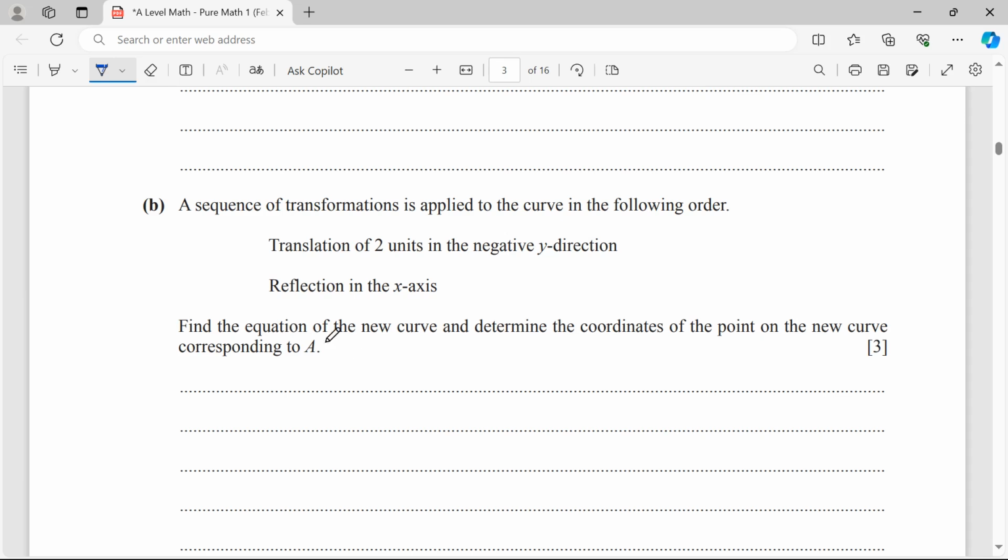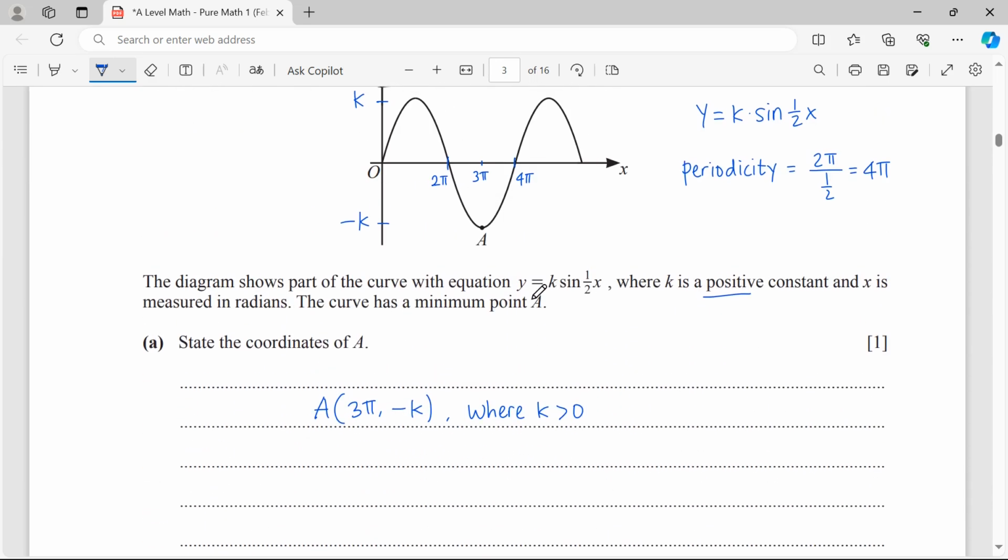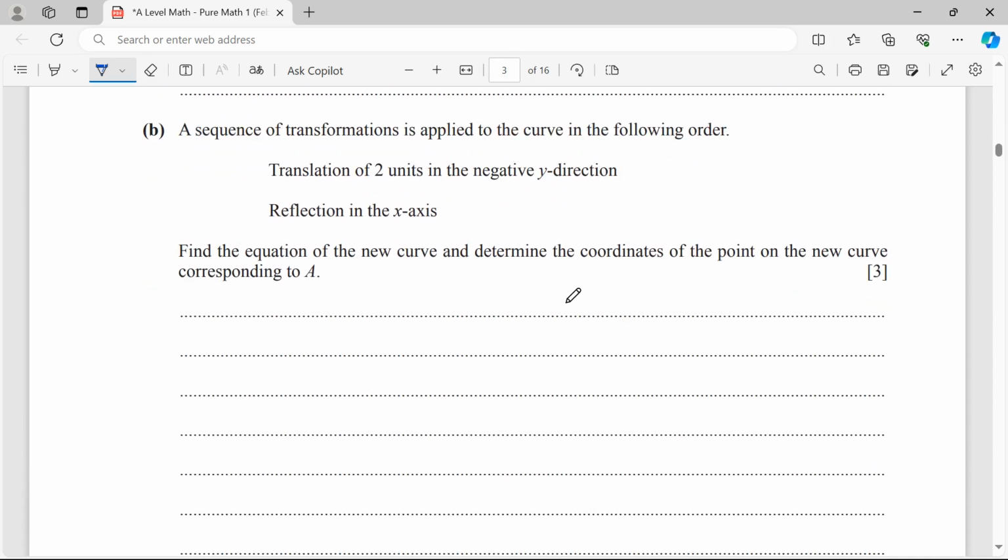So we have two questions here. The first one is the equation of the new curve, and the second one is the new coordinates of point A after the transformations. First of all, let's see the transformations. The first one, we have translation of two units in the negative y direction. So our original equation is the following. Let me write down here: y equals k times sine 1 over 2x.